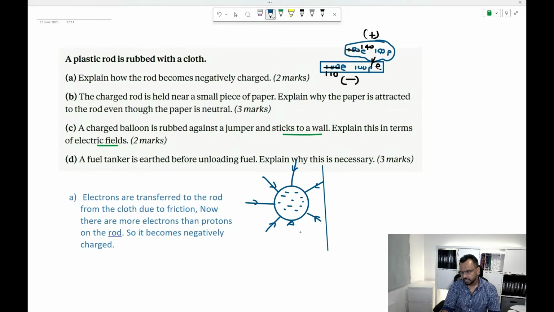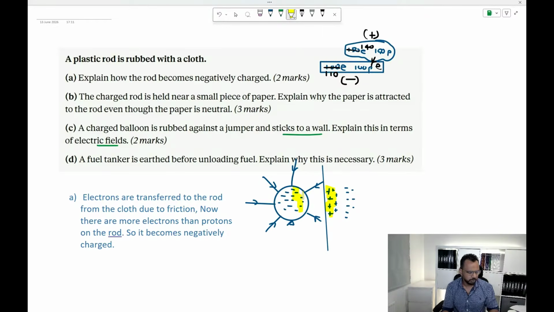So, at a distance, the wall feels the presence of the negative charge. The negative electrons will go away from it. In this region there is a charge separation, and this region will become more positively charged. This is positive, this bit is negative, and they will stick. If you carefully put it against the wall, it will stick.